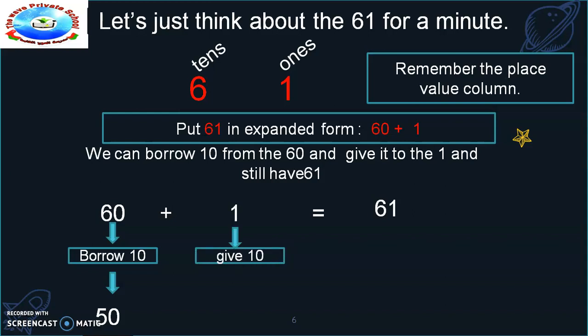And it becomes 10 plus 1, that is 11. Here we have 60 plus 1 equals 61. Also, we borrow 10 from 60, it becomes 50. And we give that 10 to the number 1 and it becomes 11. So, 50 plus 11 also equals 61.